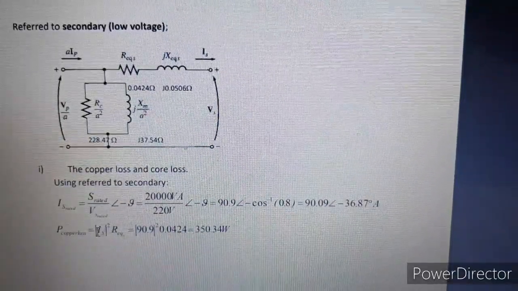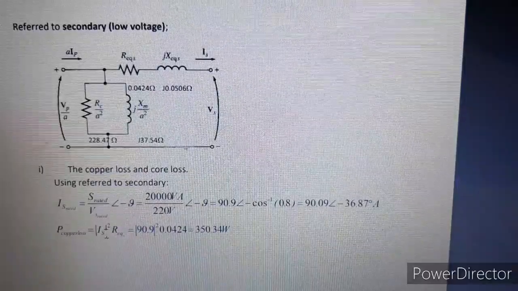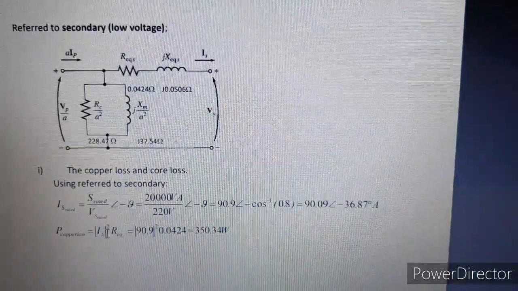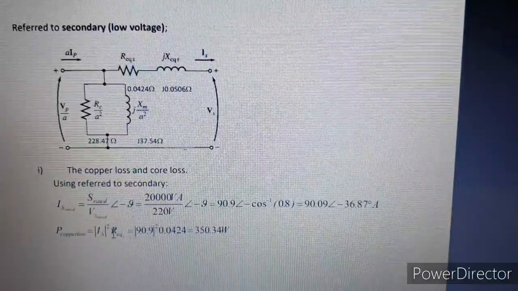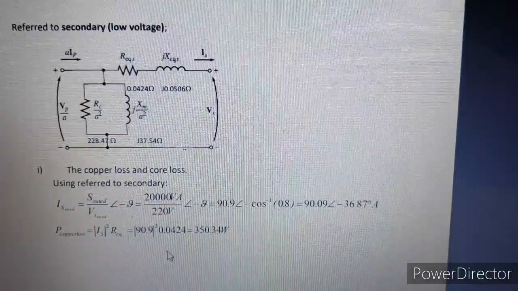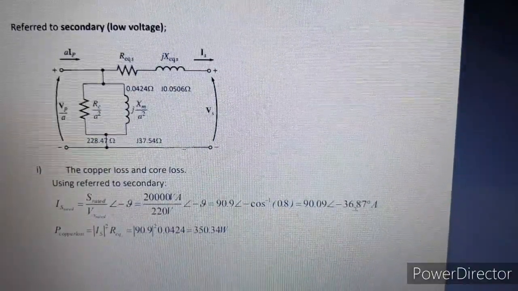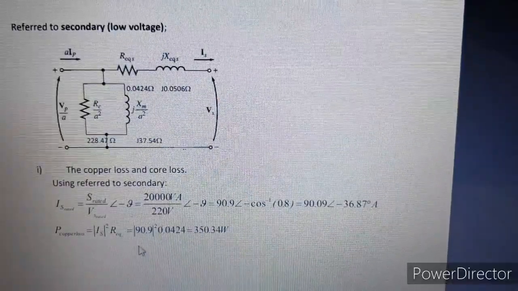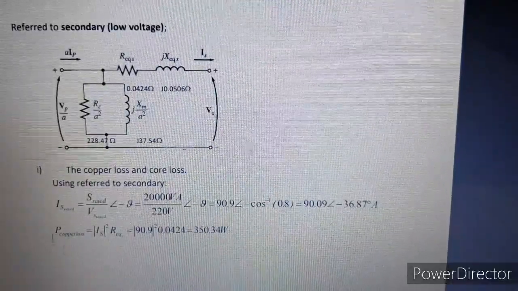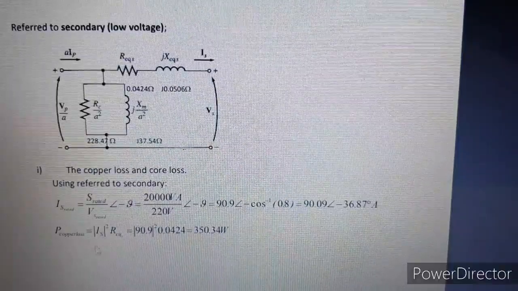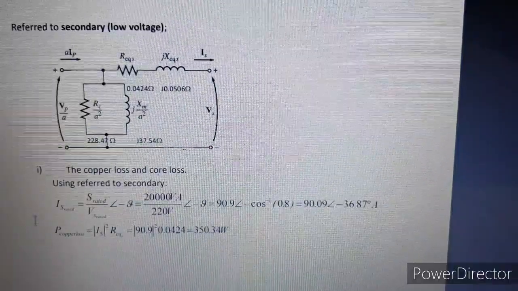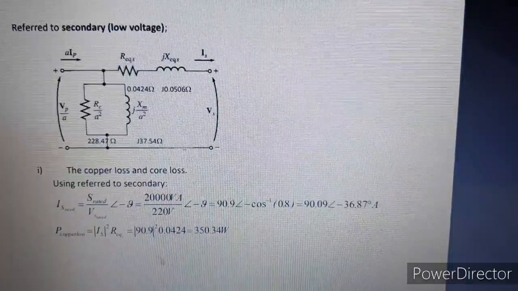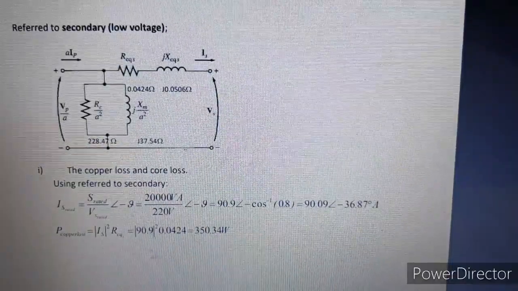You don't need to multiply IS with N because your N is 1, you assume full load. You might be wondering why we didn't take the angle as well. Just think of it like this: you are calculating power, and power is a real number. It only has magnitude, so just take the magnitude.